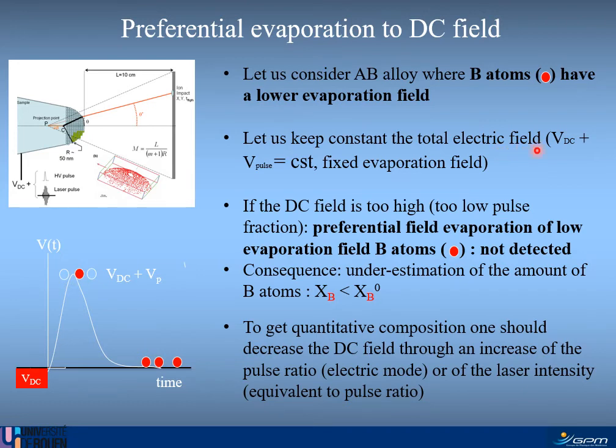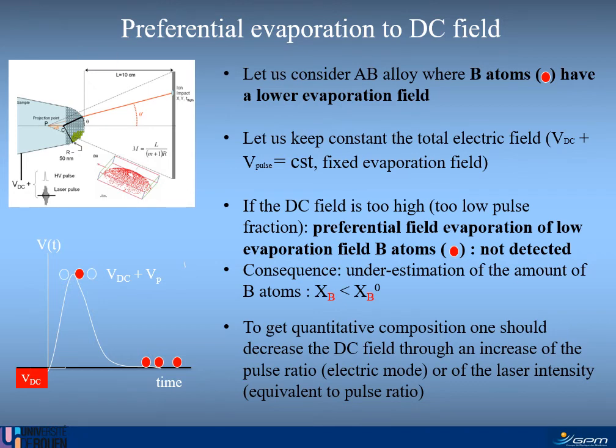The total electric field is related to the total voltage applied to the tip, so this is the DC voltage plus the pulse voltage. This is constant, so this means that the evaporation rate is constant.